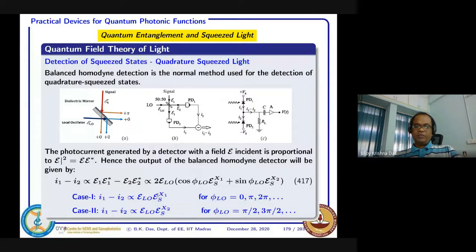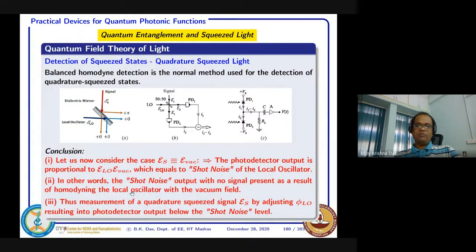Now, if this quadrature field is squeezed, then what happens? The value you are supposed to get in your output will be lower than this, because it is squeezed. It can be X1 squeezed or X2 squeezed. In that case, your noise level will be lower because of the squeezing.